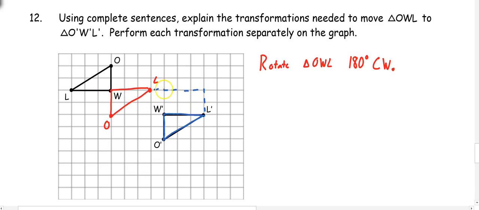So for L, I need to go 1, 2, 3, 4 to the right and 2 down. So next, we're going to say translate all points of triangle OWL right 4 units and down 2 units.